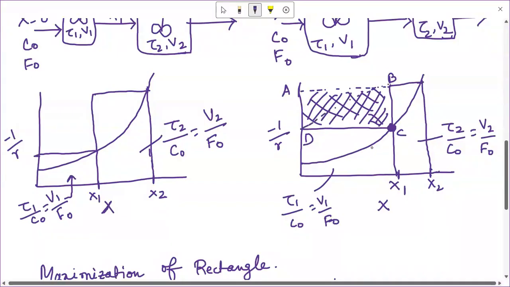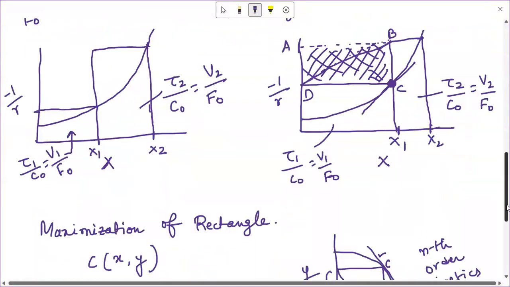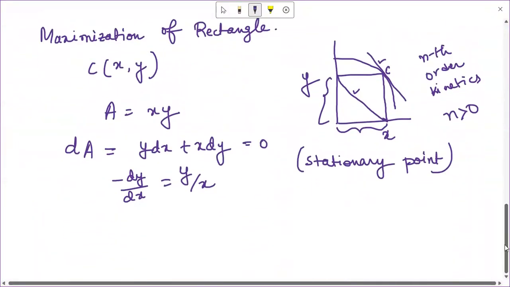So if this is the slope and this is the diagonal dB, if these two become equal, then you have the maximum rectangle. And this value of C that we obtain will help us achieve the best intermediate conversion to optimally size the reactors. Now in general, what are the observations?